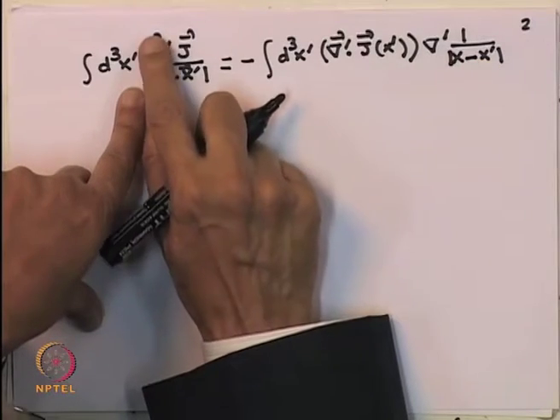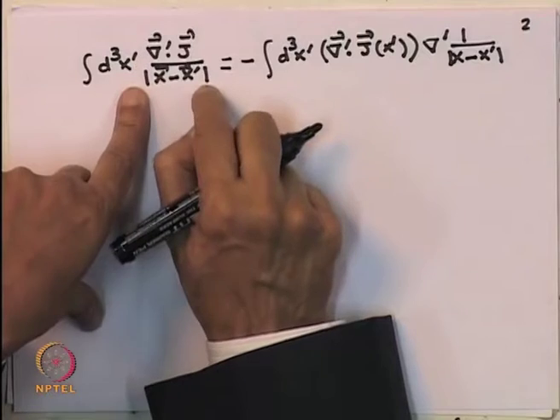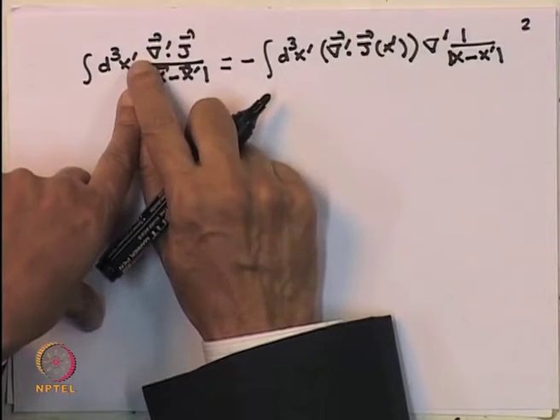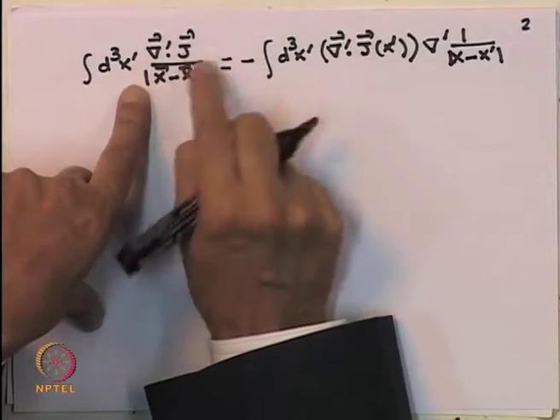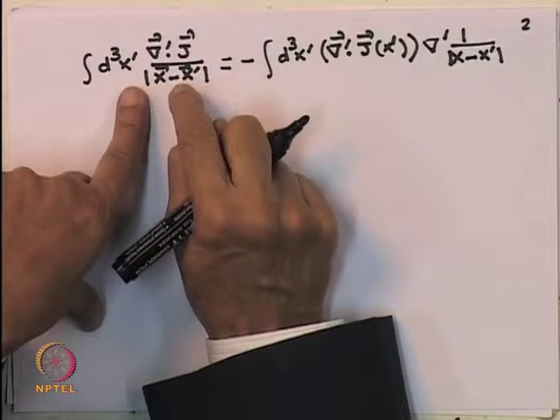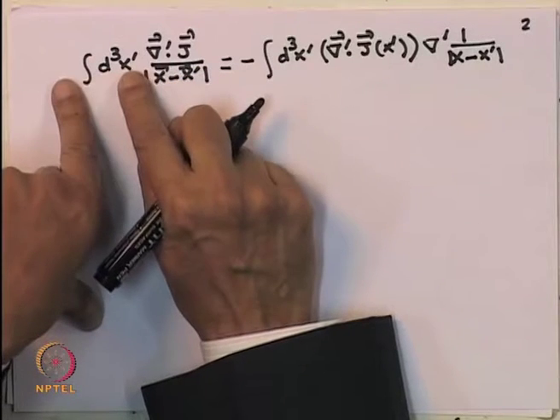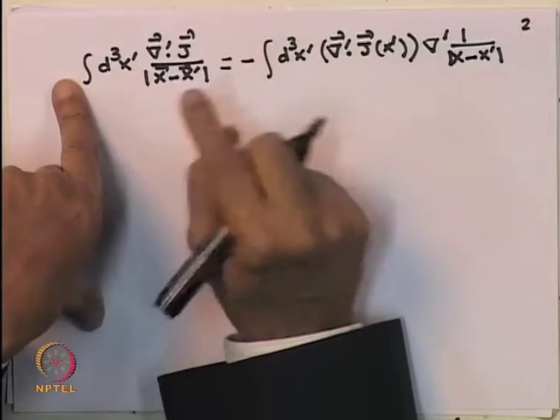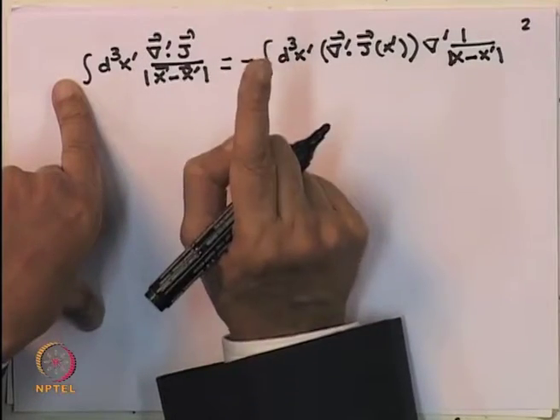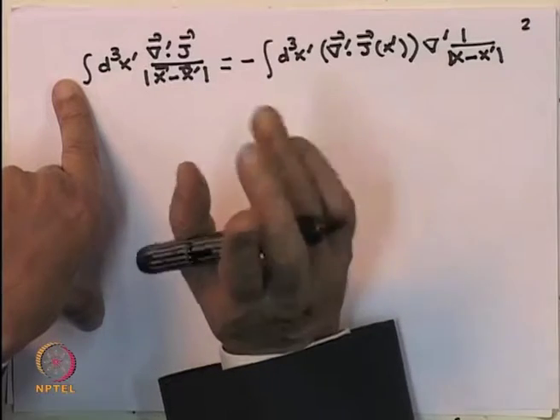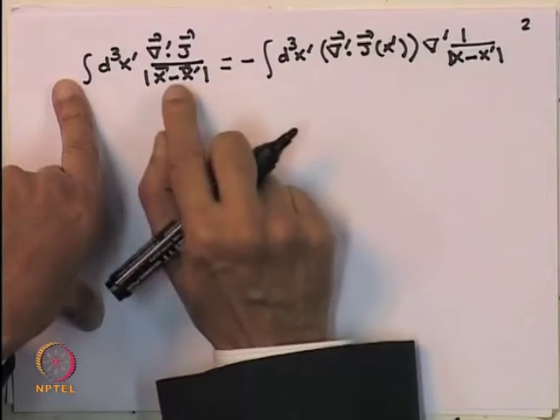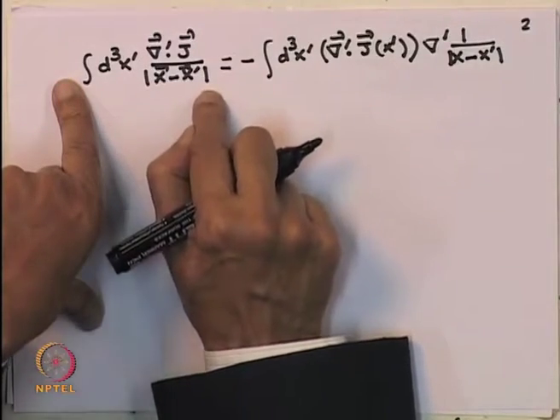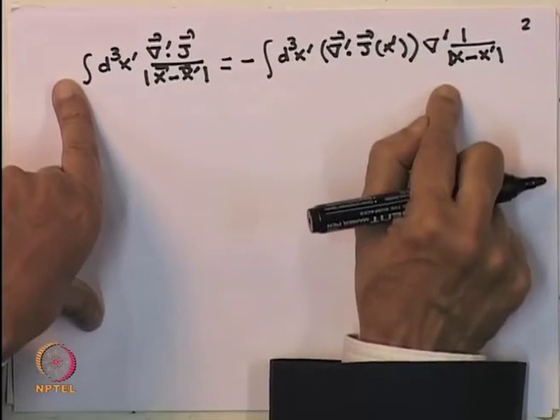And this, when there is a del prime of the whole thing, I can use the analog of divergence theorem to convert that volume integral to a surface integral, and since all fields, currents, etc., go to 0 at infinity, that type of a term drops out. So, this integral that I had is this quantity.